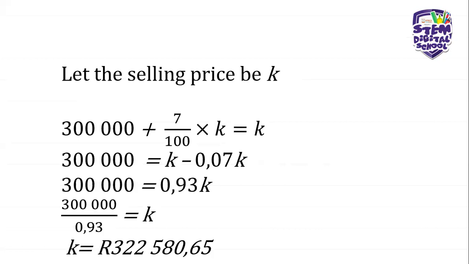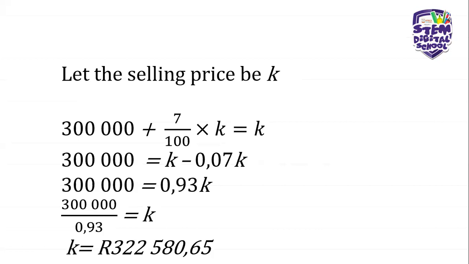So we are going to divide 0.93K by 0.93, and you divide 300,000 rands by 0.93. And this simply means that your selling price, which we classified as K in the beginning, will be 322,580 rands and 65 cents.